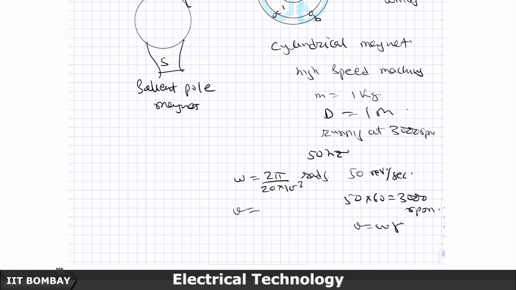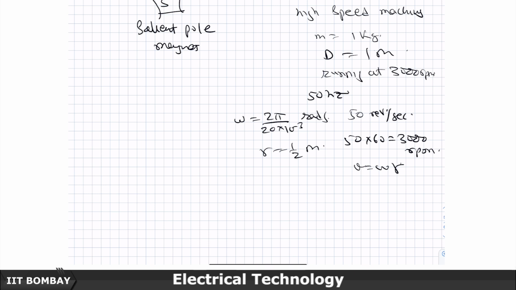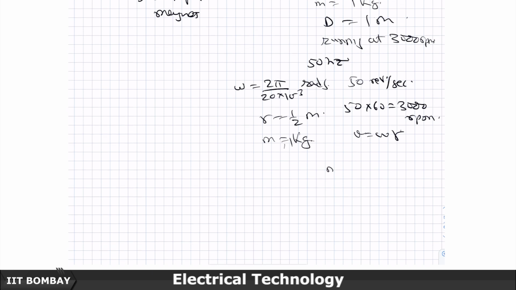V is going to be, the radius is to be taken as half meter, and m, I said let us consider a 1 kg mass which is rotating, then mv square by r, this is the centrifugal force. So, this centrifugal force will almost turn out to be around 50 kilonewtons.